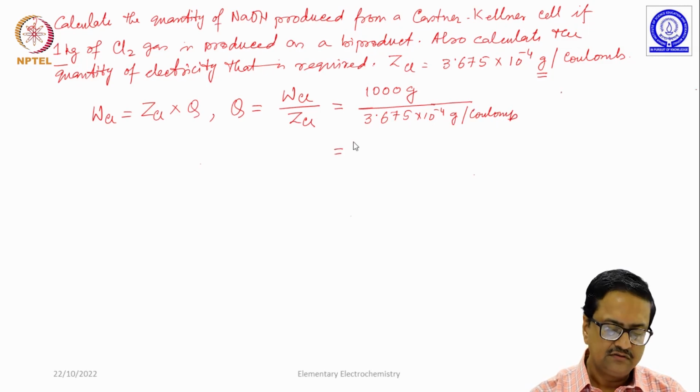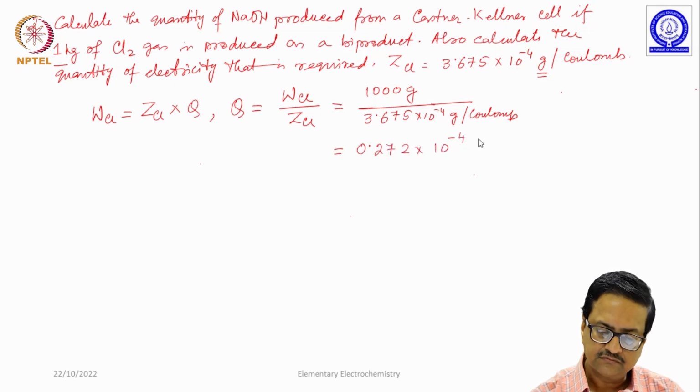This is equal to 0.272 into 10 to the power minus 4 coulomb.